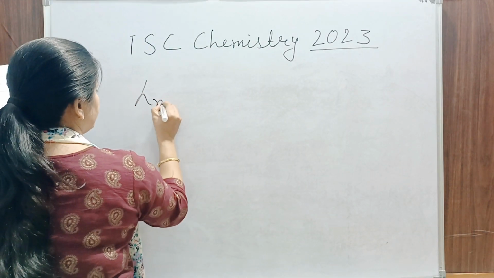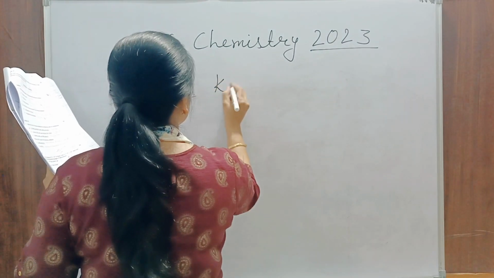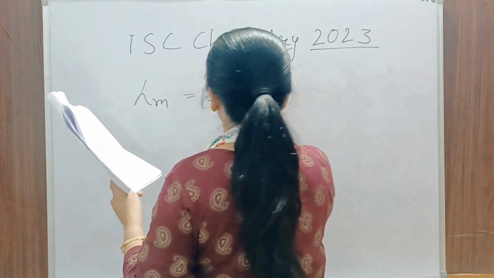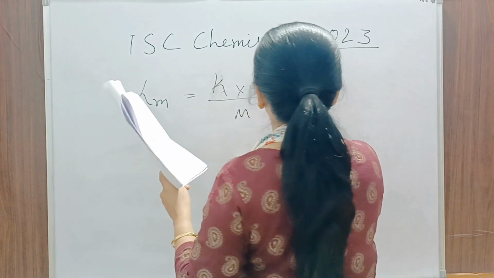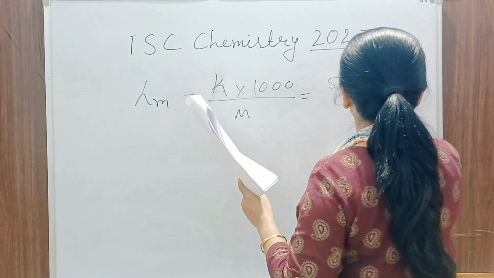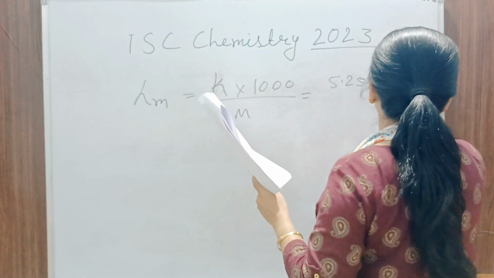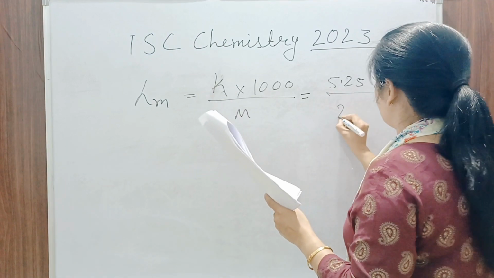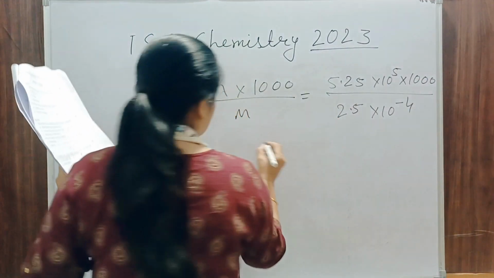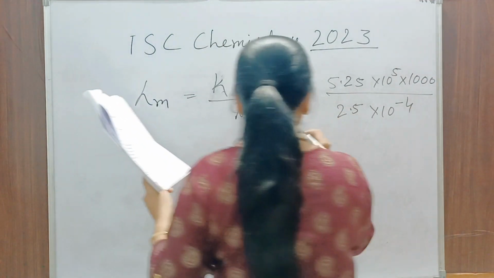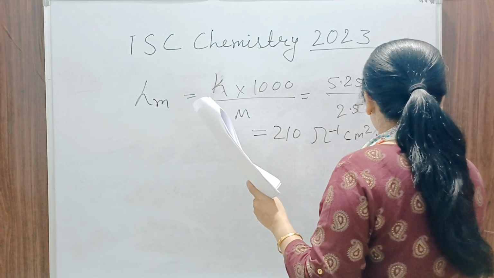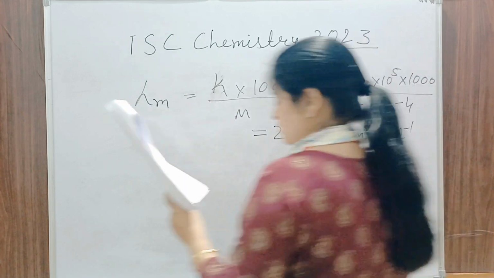Molar conductivity lambda m, the formula is kappa × 1000 upon M. So when we put the value 5.25 × 10^-5 × 1000, and the value 2.5 × 10^-4 given in the question, when we calculate this we get centimeter square per mole.